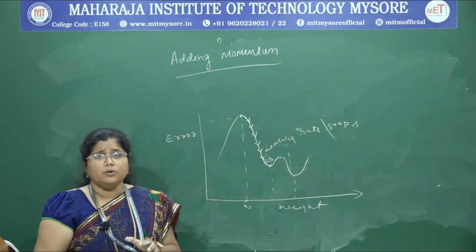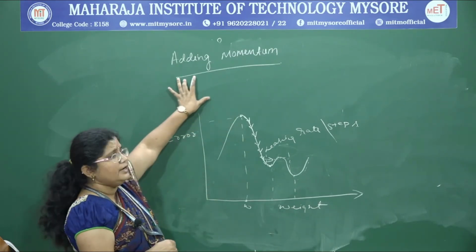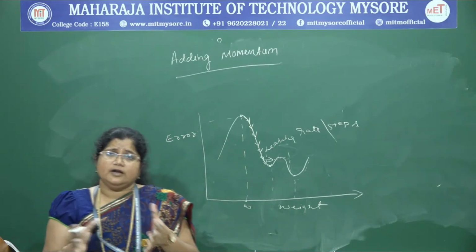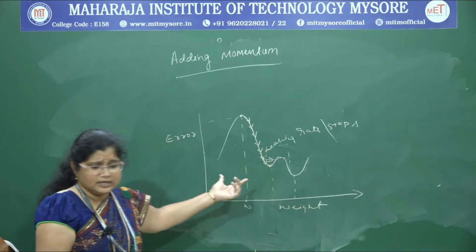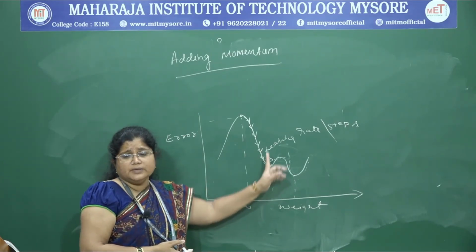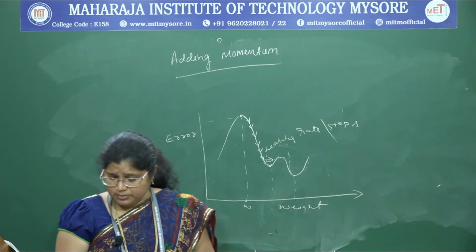So that is where we depend on the term called momentum, where momentum adds a velocity and a mass to this particular object to move from one local minima to another local minima. So that is one point.